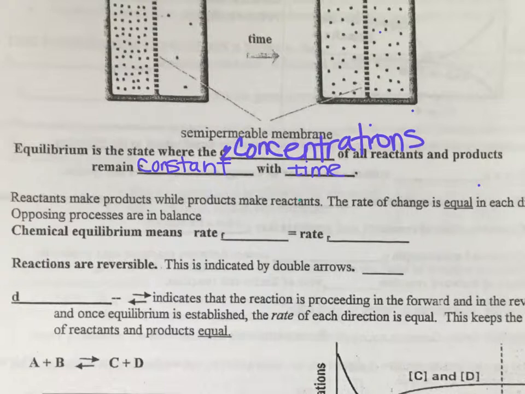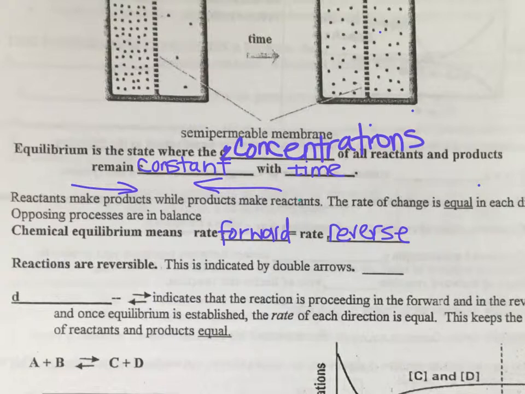There was still dynamic movement going on, okay? All right, so reactants make products while products make reactants, okay? So reactants make products is like a forward. Products make reactants is a reverse, okay? The rate of change is equal in each direction. Opposing processes are in balance. Chemical equilibrium means that the rate of the forward reaction is equal to the rate of the reverse. You will be seeing this a lot in your notes, okay? Because it's all about rates being the same.